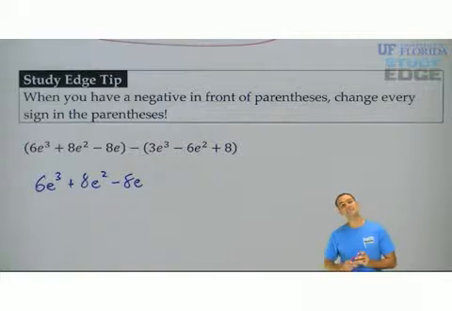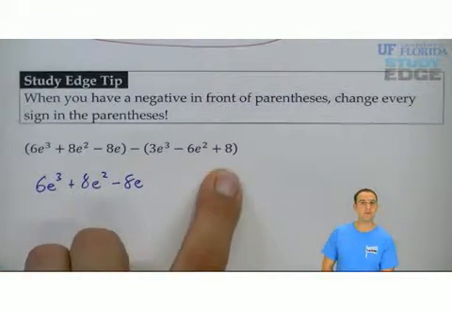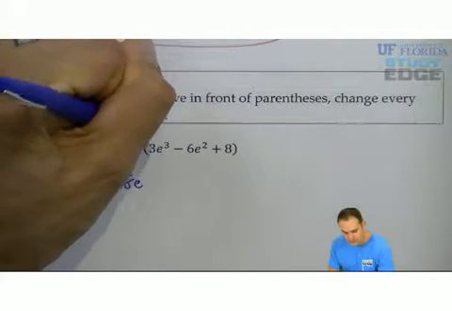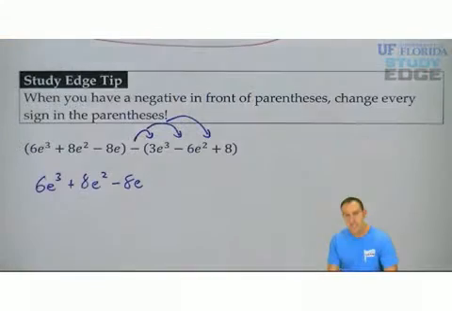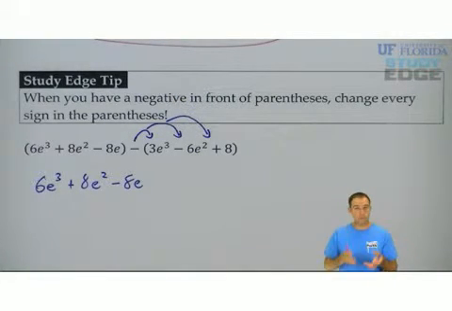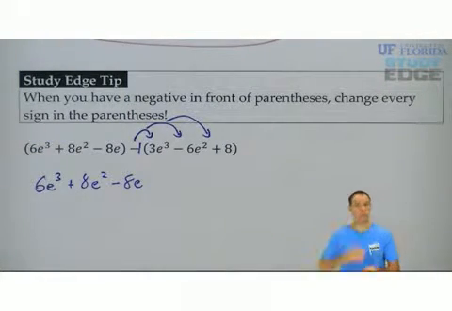But then in this second set of parentheses, I'm subtracting. I have a polynomial minus another polynomial. I'm subtracting. So what happens is I'm going to distribute that negative and change every sign in the second set of parentheses. Because basically, I'm multiplying the second set by a negative 1. That's one way to think about it.